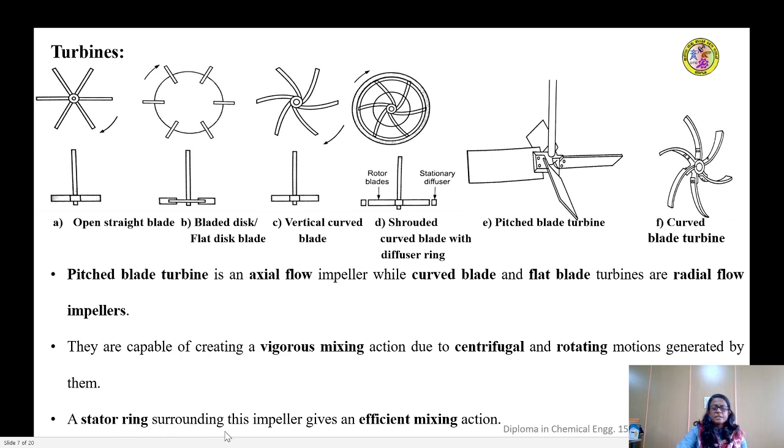A stator ring that surrounds the impeller gives an efficient mixing action, as shown in figure D. So you can have a stator ring that shrouds or surrounds the impeller. That gives the most efficient mixing action compared to the other designs in which there is no stator ring surrounding the impeller blades.